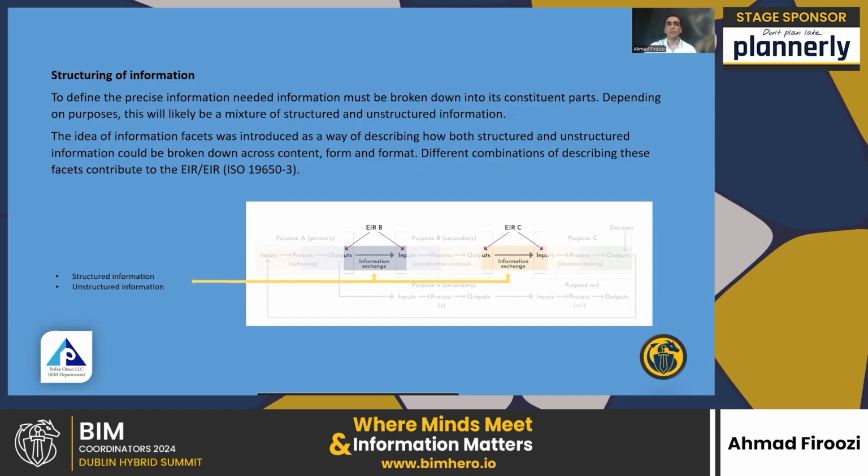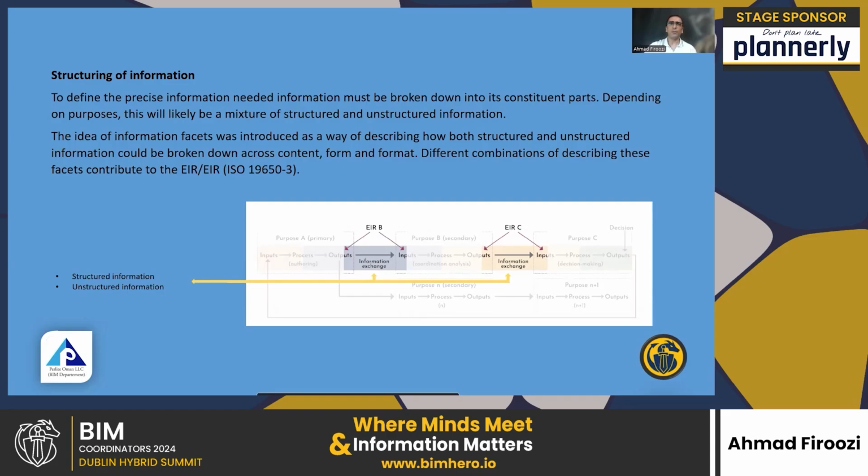The idea of information facts was introduced as a way of describing how both structured and unstructured information could be broken down across content, form, and format. Different combinations to describe these facts contribute to the EIR, ISO 19615-3.